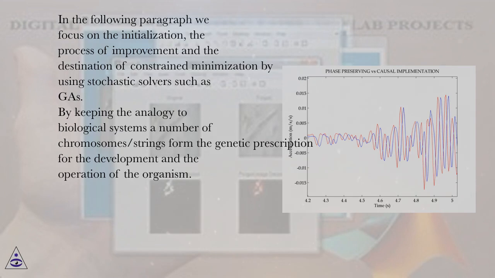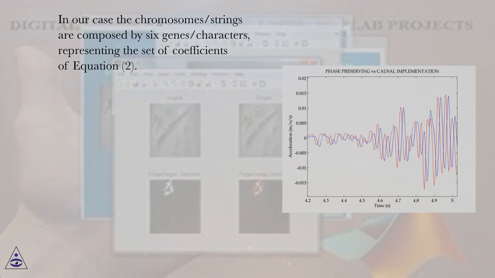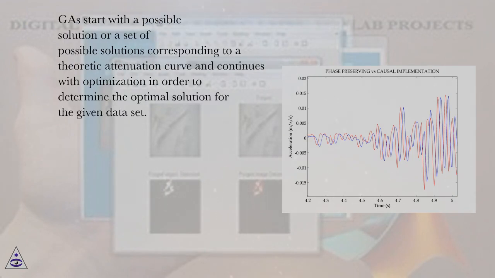By keeping the analogy to biological systems, a number of chromosomes/strings form the genetic prescription for the development and the operation of the organism. In our case, the chromosomes/strings are composed of 6 genes/characters, representing the set of coefficients of equation 2. GAs start with a possible solution or a set of possible solutions corresponding to a theoretic attenuation curve and continue with optimization in order to determine the optimal solution for the given data set.